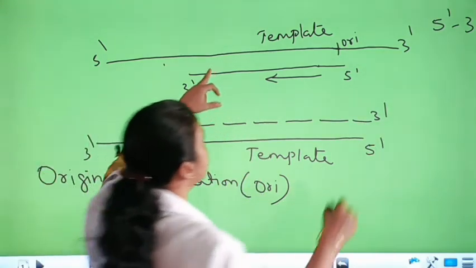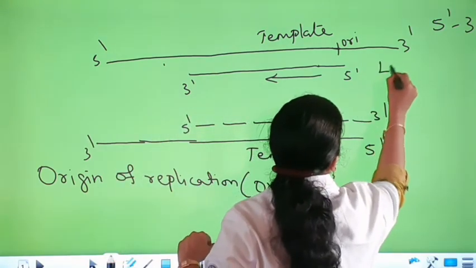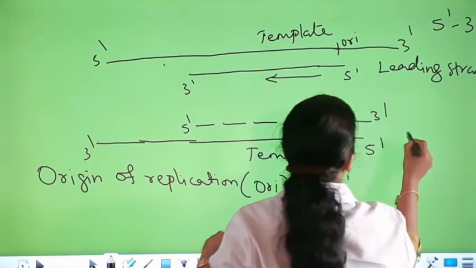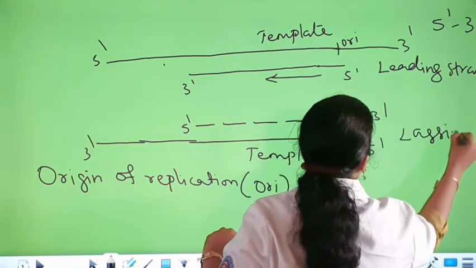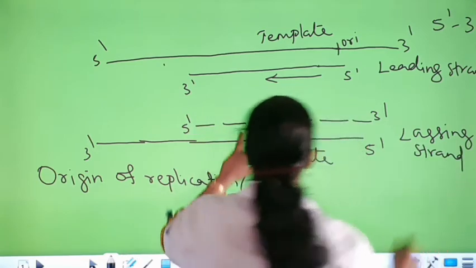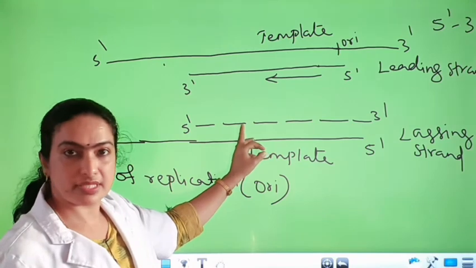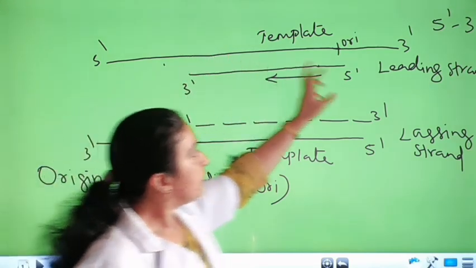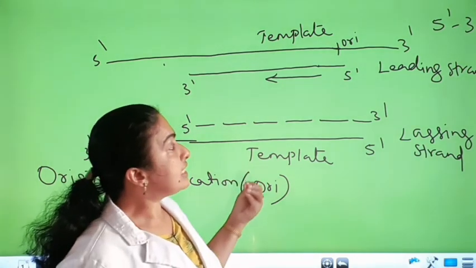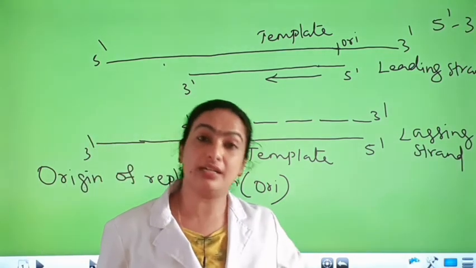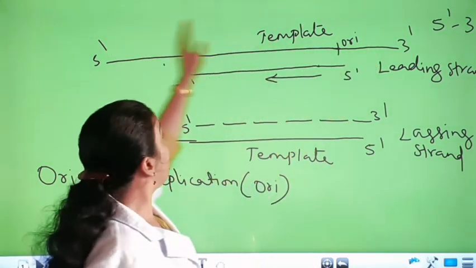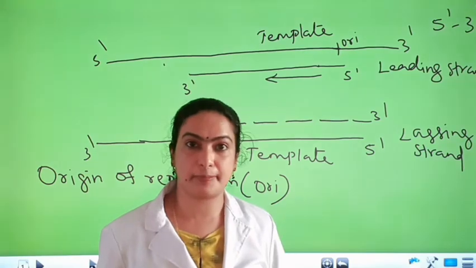So here this strand is called the leading strand, and this is the lagging strand, which consists of fragments. Is it clear? The leading strand is a newly formed continuous strand formed on the 3' to 5' template strand.